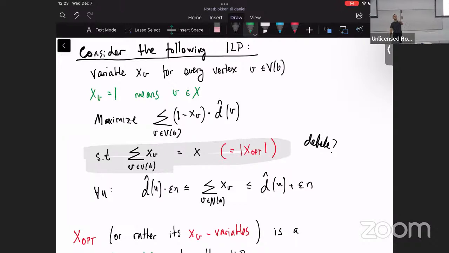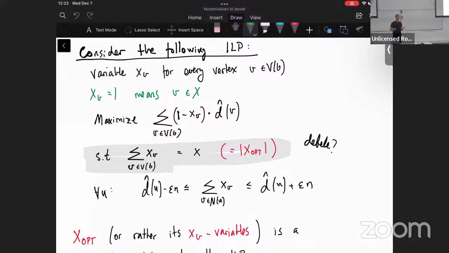My objective function is, for the vertices not picked into S, let me sum their degree into X. It's a crazy thing to do, right? But now I additionally want the following thing to happen. I want the degree of every vertex into S to be really close to its degree into X. And that's what I wrote an ILP for.